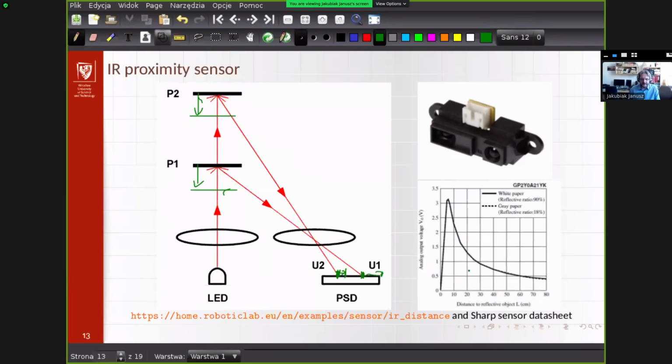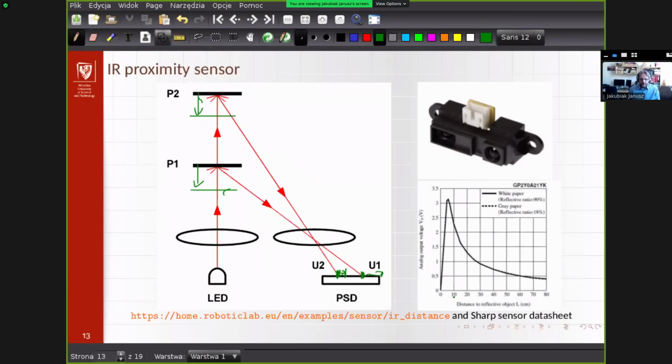So that's exactly what you see on this graphic. So you don't get the same resolution of the distance measurement for the whole range. In fact, it changes quite a lot.